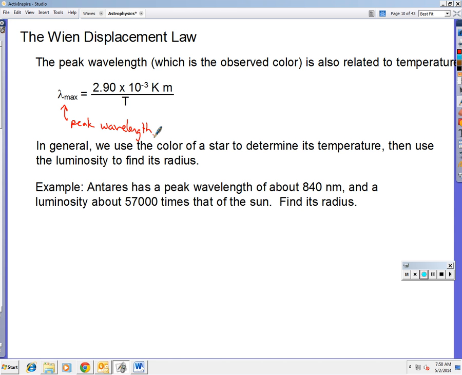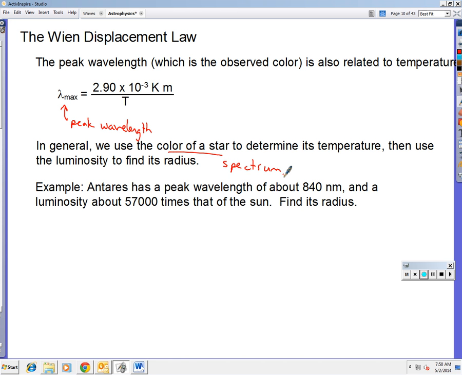And it equals 2.9 times 10 to the negative 3 kelvin meters, that's not kilometers, it's kelvin meters, divided by the temperature. Again, temperature has to be in kelvin. And typically we'll use the color of the star, or more accurately its spectrum, and we'll find the temperature that way, and then we can use the luminosity to find the radius.